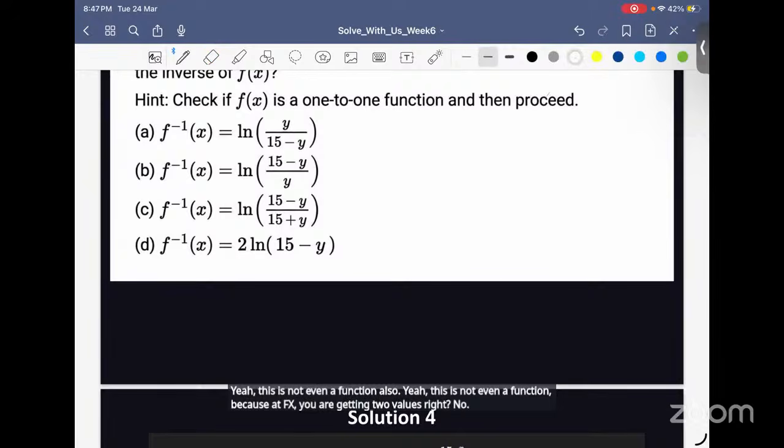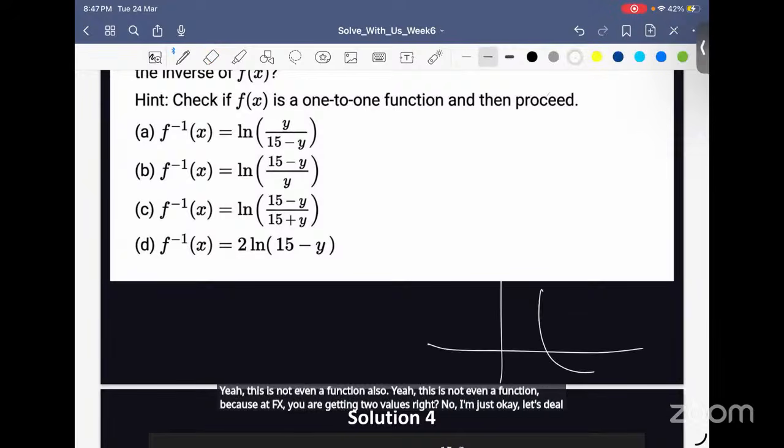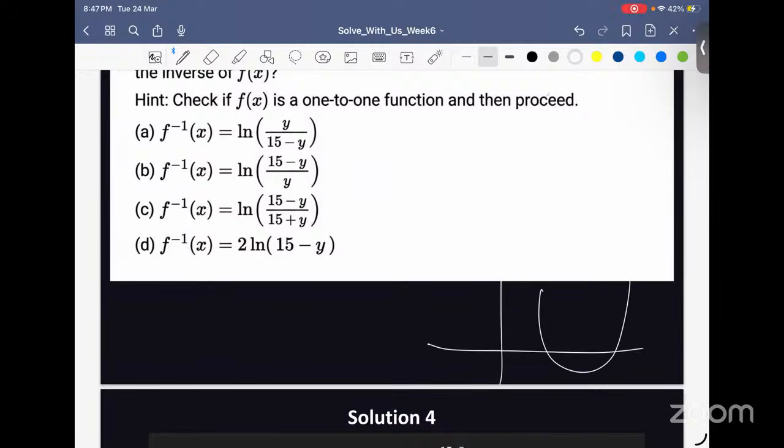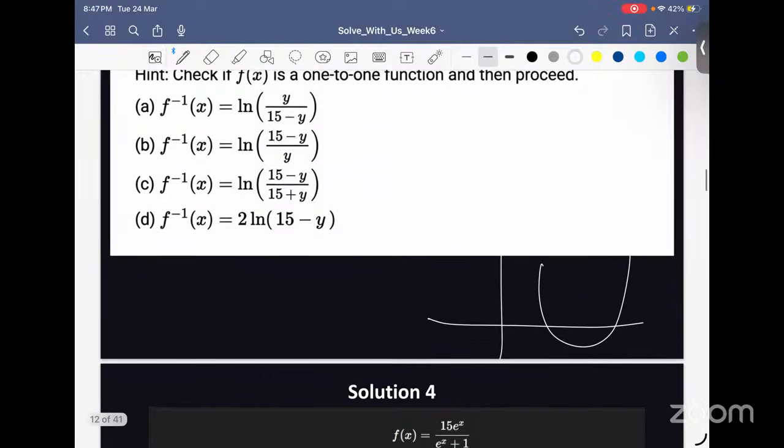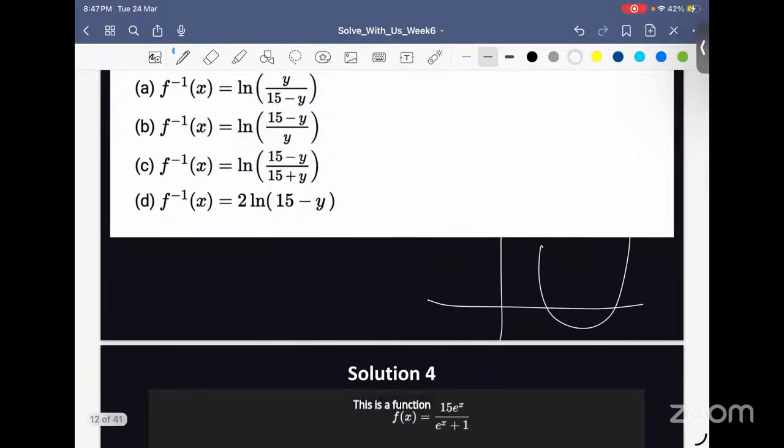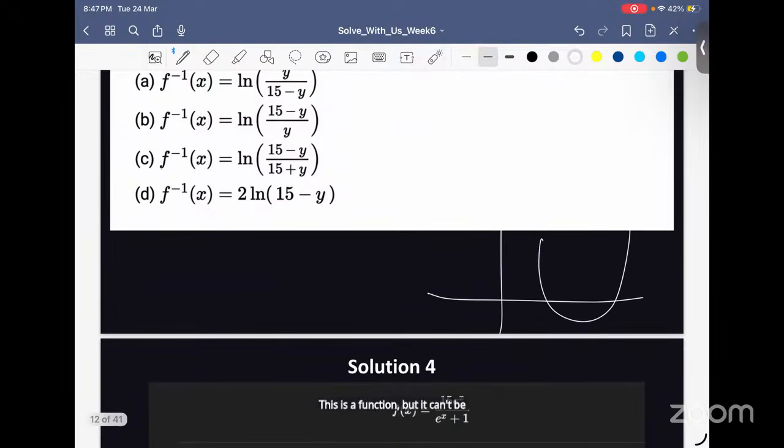Let's deal with this type of function. This is a function, and mathematically by equation you can get the inverse, but actually you can't have an inverse for this type of function.